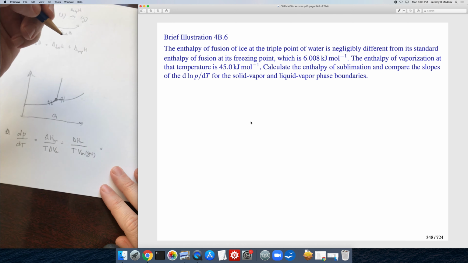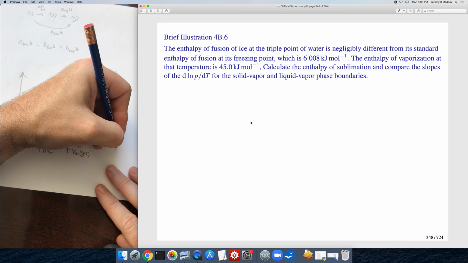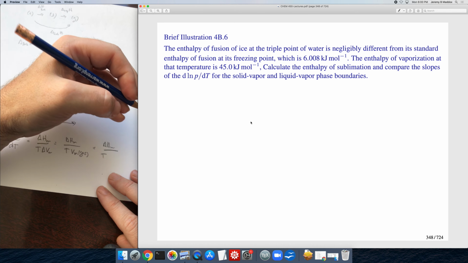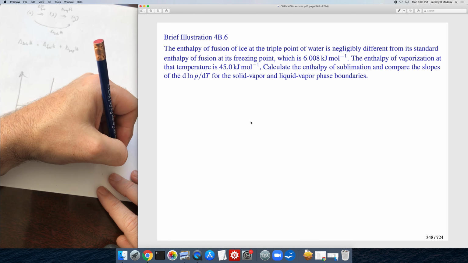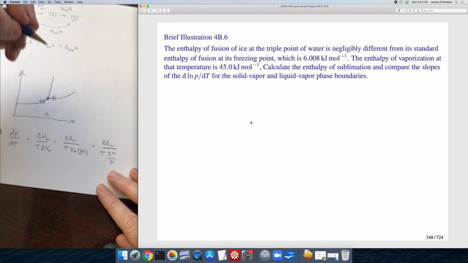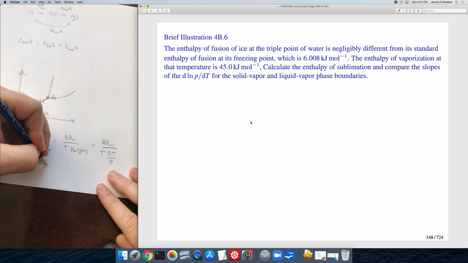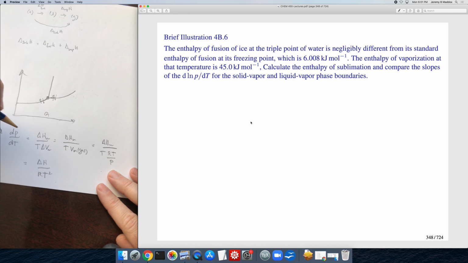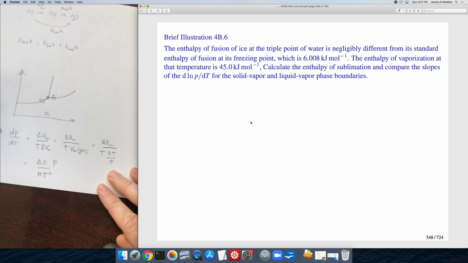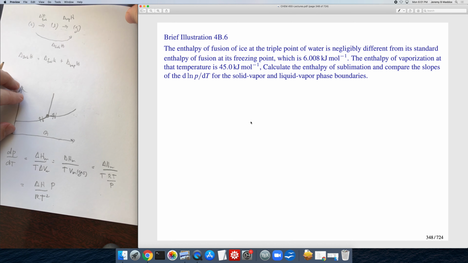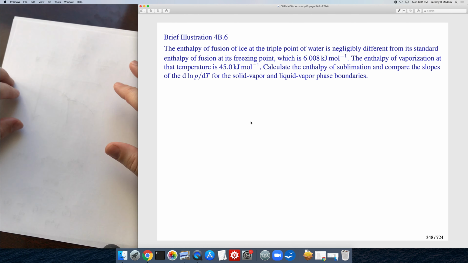You could then use the ideal gas law. So this would be RT over pressure. And then you would have pressure up here. And then we rearrange the equation one more time.